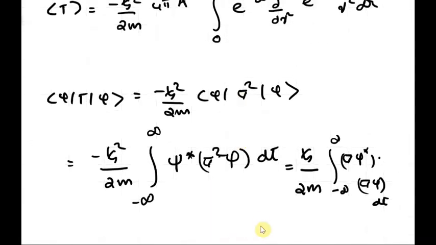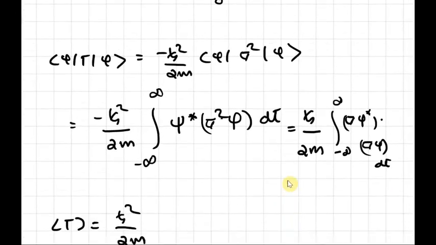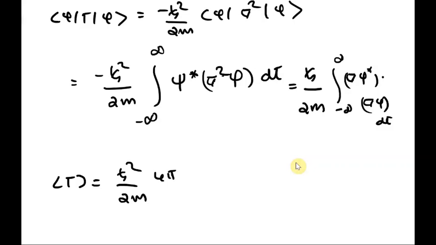Okay, so my expectation of T is h cross square by 2m, 4 pi a square, integral 0 to infinity, and you have to take the first differentiation of this wave function. My wave function is e raised to minus r by alpha.